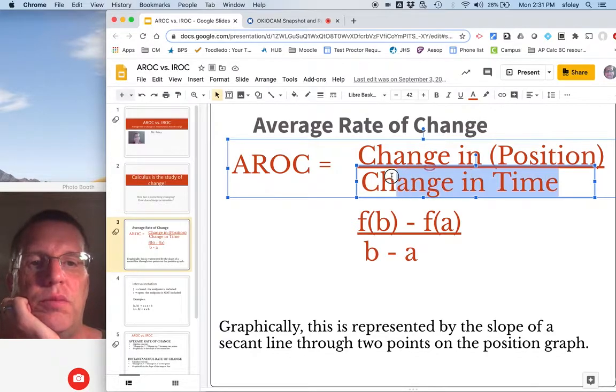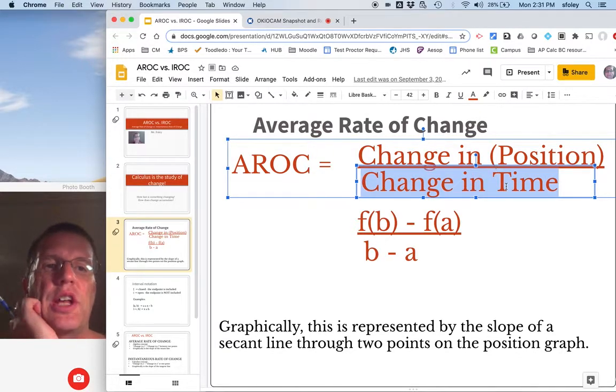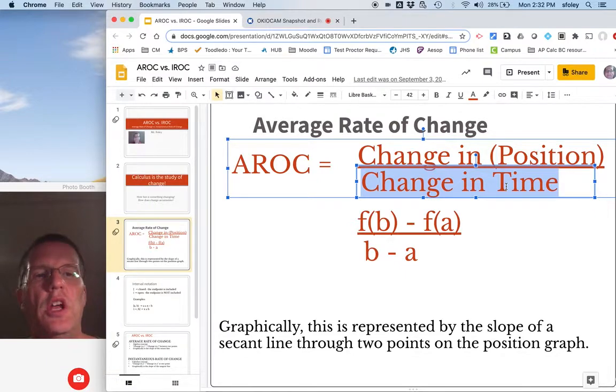And a lot of the time, that denominator is a time unit, but it can be other things, as we'll see as well. And so it's change in something over change in something else, change in position over change in time. And the algebraic formula is basically the change in y over the change in x. As I said, the good old slope formula.